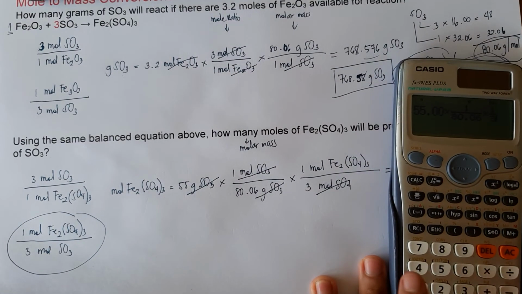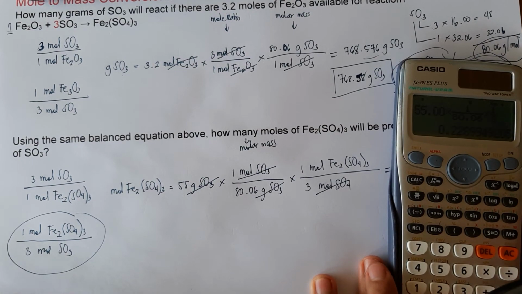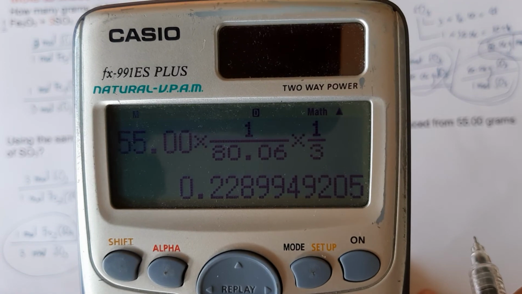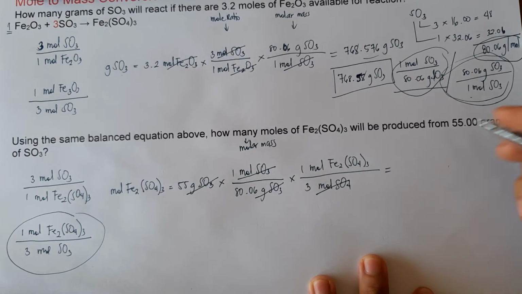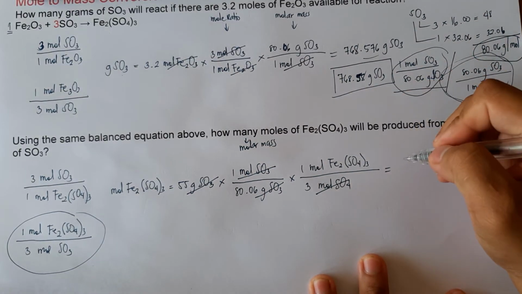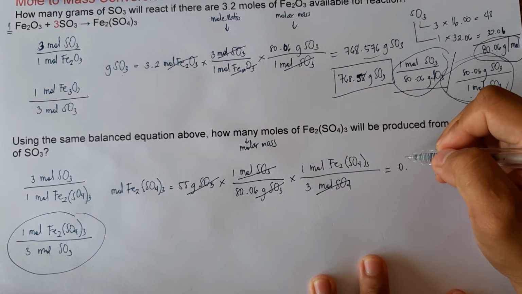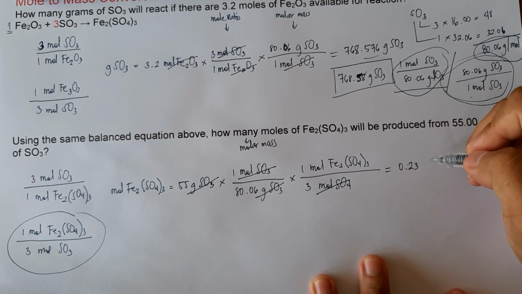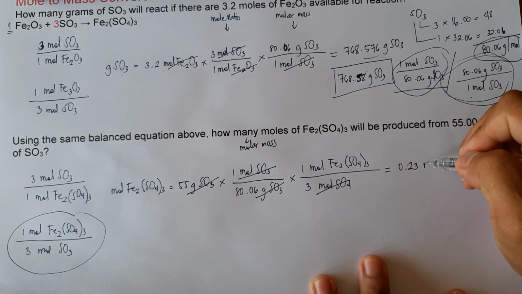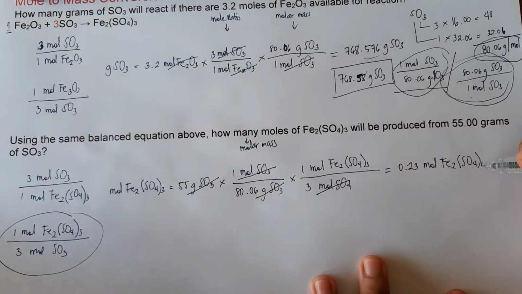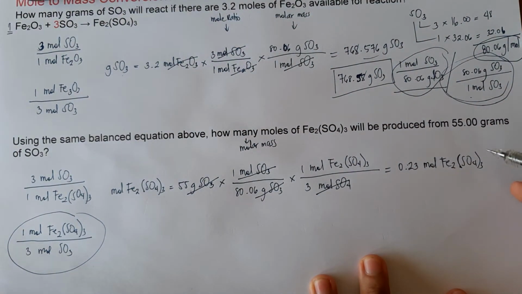So, our answer will be 0.22899. So, kung i-convert natin into 2 decimal places, that's 0.23 moles of Fe2(SO4)3. Yan.